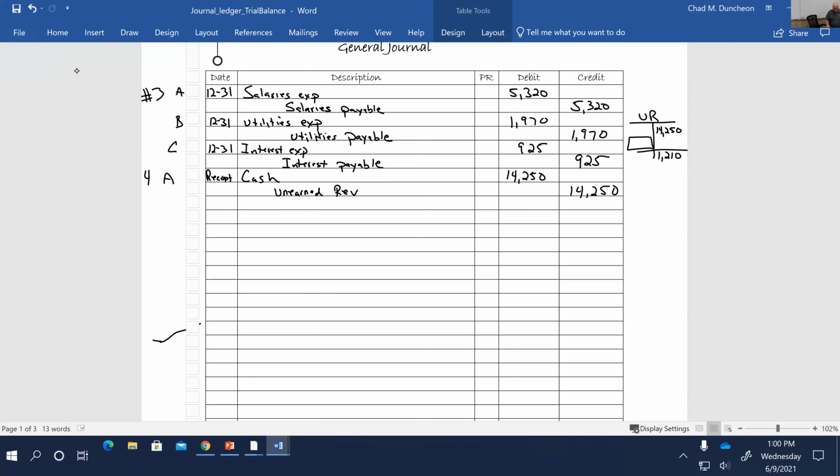So we took the 14,250 and subtracted 1,210 out of it. We would see that we would need to make a debit entry of 13,040 in order to make that true.